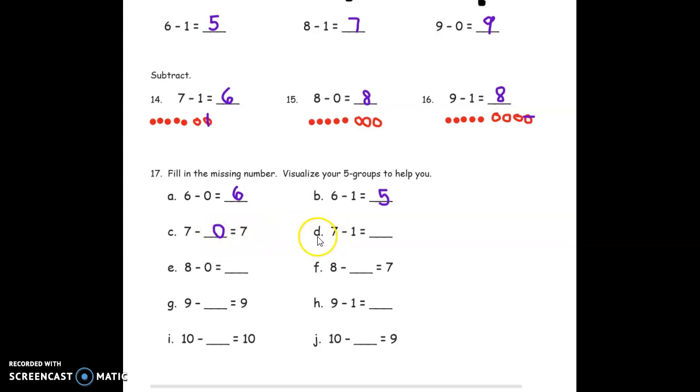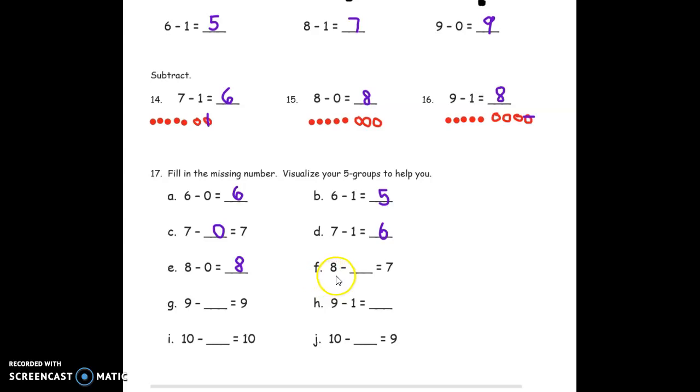Look at D. 7 subtract 1. We need the number 1 less than 7. What's one number lower than 7? 6. E. 8 subtract 0. That gives us the same number.